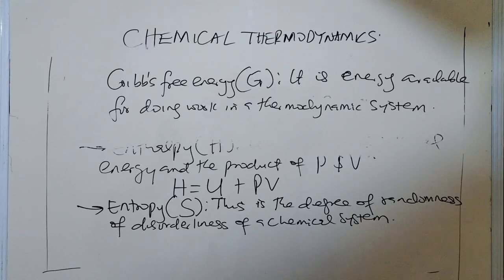Entropy is the degree of randomness or disorderliness of a chemical system. And Gibbs free energy is the energy available for doing work in a thermodynamic system. At this point, we're going to look at what is meant by a chemical system.